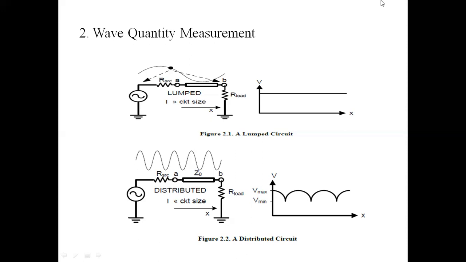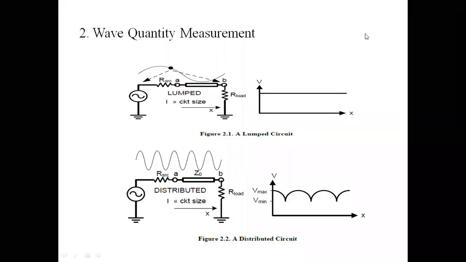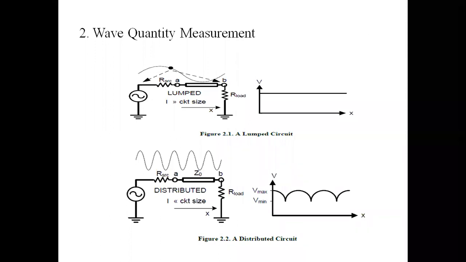Thus, measuring the voltage with a voltage probe is invalid because the result will depend on the probe's position.